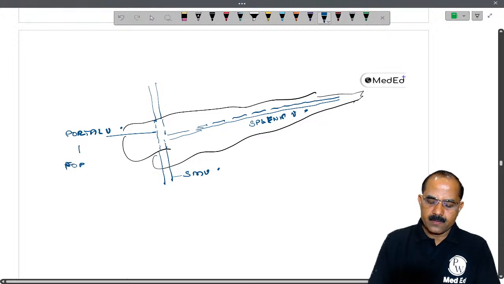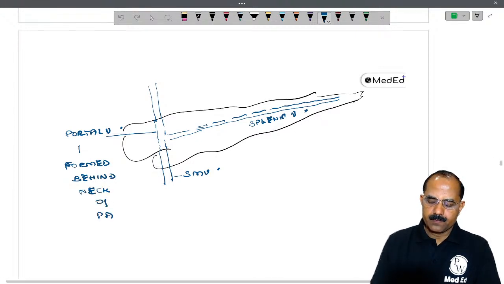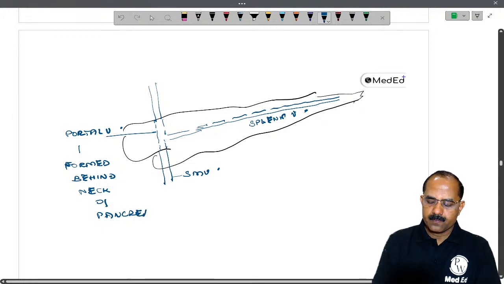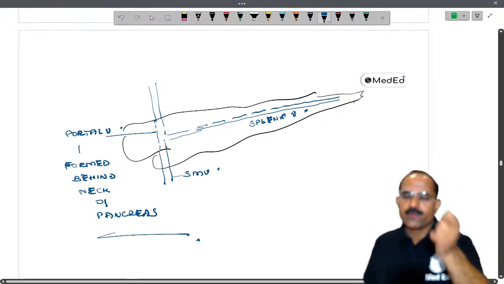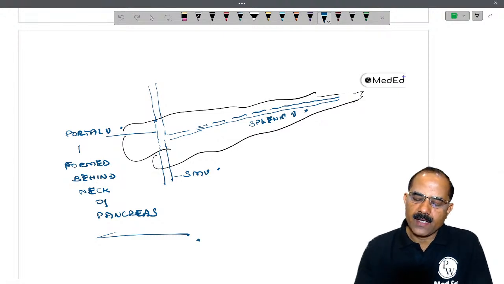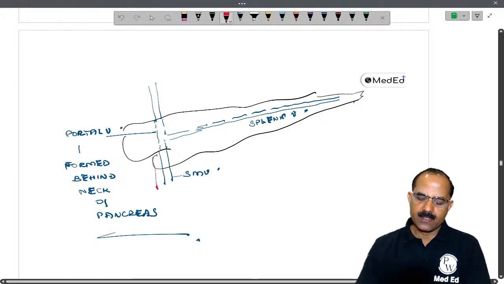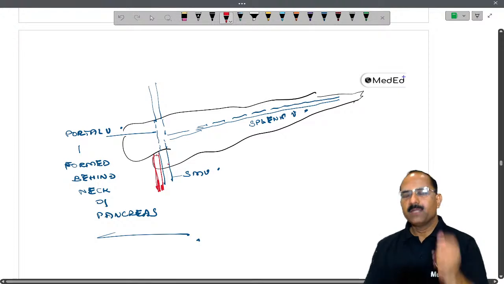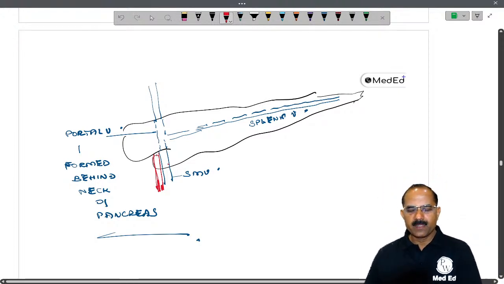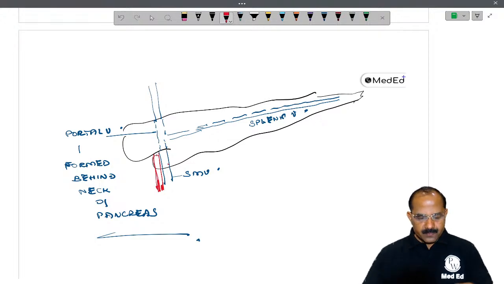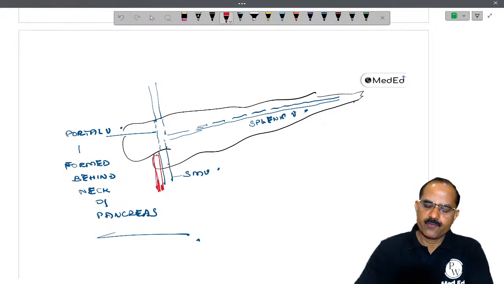Formed behind the neck of the pancreas. Okay, ये याद रखना. So the portal vein is formed behind the neck of the pancreas. And who lies on the uncinate process of pancreas? On the uncinate process lies superior mesenteric vessels. Yaad rakhna. On the uncinate process lies the superior mesenteric vessels. Clear? Okay, fine.